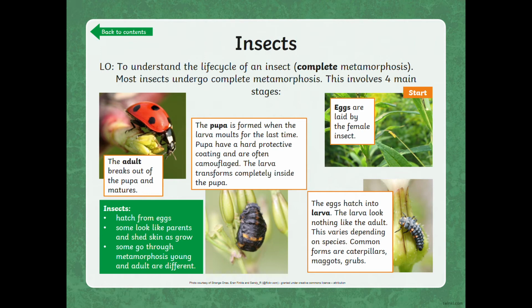So the chrysalis is actually the pupa. Okay, now it's not called a chrysalis for every insect. So generally it's classed as a pupa. That's where the larva goes and encases itself, keeps itself protected, and in there it completely transforms. So that's the pupa. Then finally the adult breaks out of the pupa and matures.